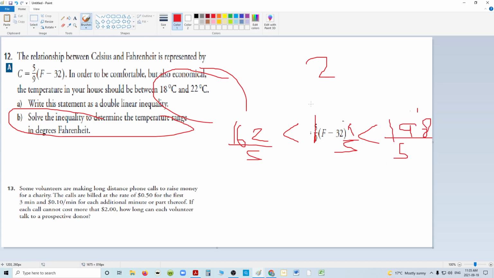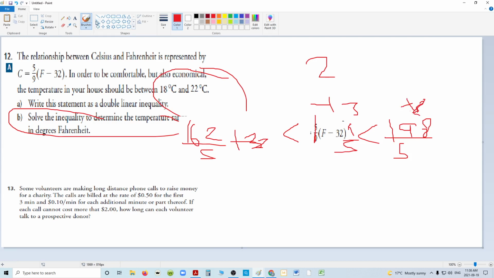Now we've got to add 32 to both sides, so you get 162 over 5 plus 32 here and plus 32 here. And you might say, well, how do I add 32 to those fractions? You can convert this to the simplest form. 5 goes into 160 32 times, so it's 32 and 2/5. Plus 32.